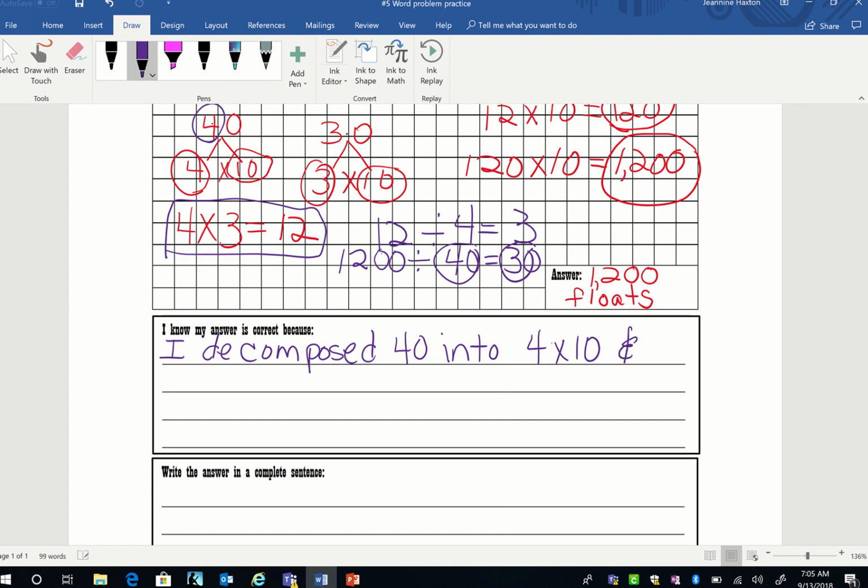And I'm just going to use the and sign, I decomposed 30 into 3 times 10. And I'm going to say I knew 4 times 3 equals 12.